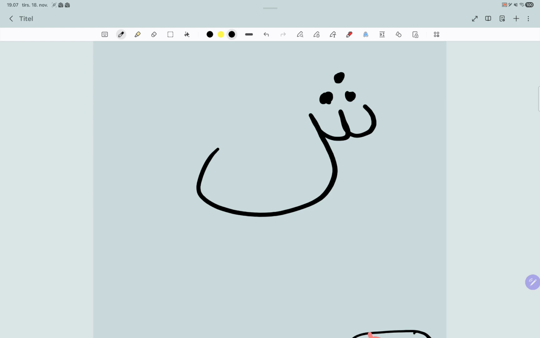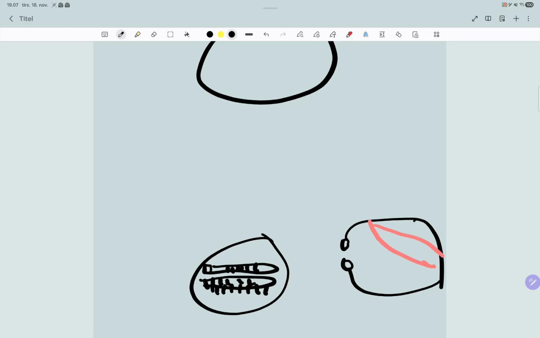So when you say sheen, try to imagine this. I can try to draw it for you. You have teeth over here, and you have teeth over here.